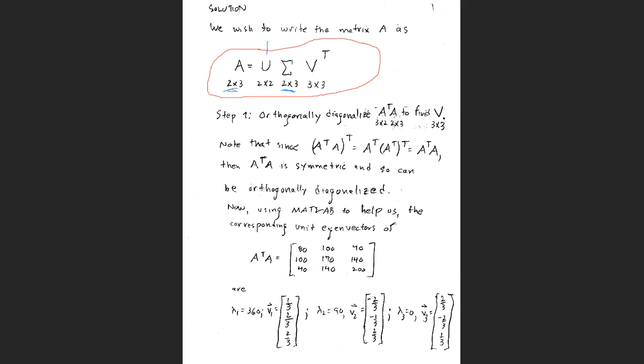However, the matrices U and V are going to be orthogonal matrices. The dimensions of the matrix U have to be 2 by 2, because otherwise you couldn't multiply U times sigma. And the dimensions of the matrix V have to be 3 by 3. So V transpose is also 3 by 3, and you need that, otherwise you can't multiply sigma times V transpose.